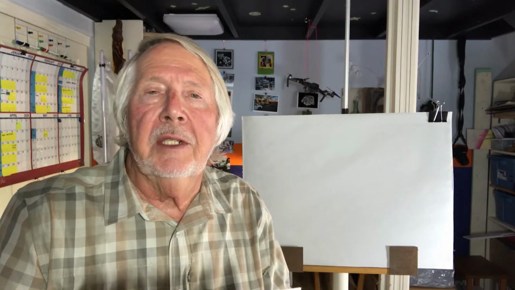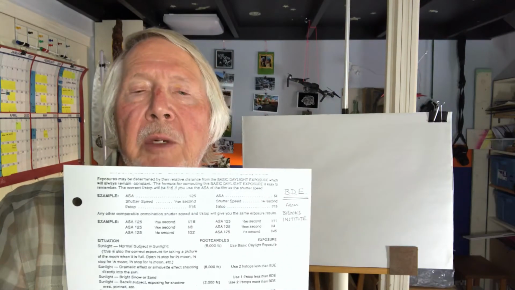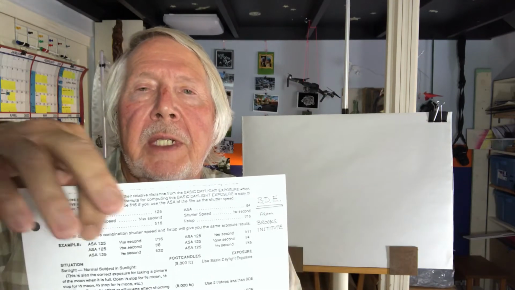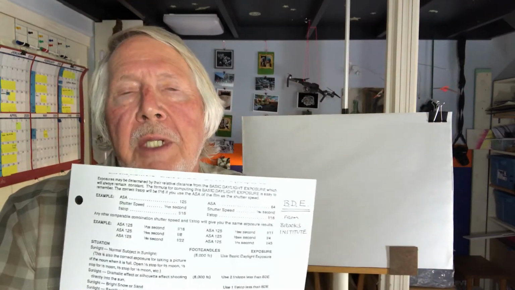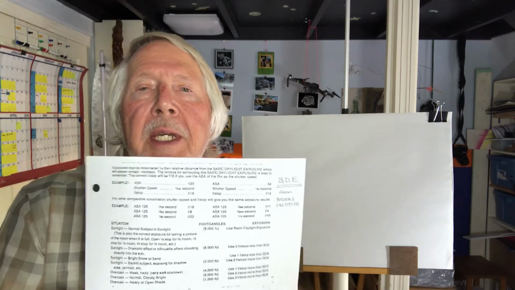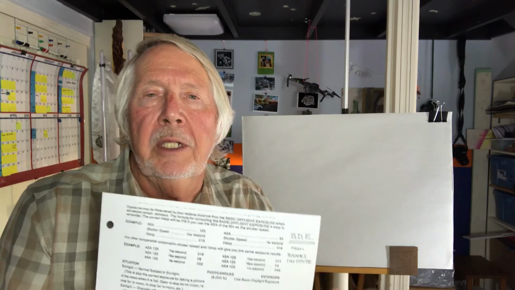I would like you to look that up and maybe even print it, fold it up, and put it in your camera bag. This very top portion, it says page 11 on the bottom of it. This very top portion does exactly what we did in the last video. It talks about using f16 at 1 over the ISO.